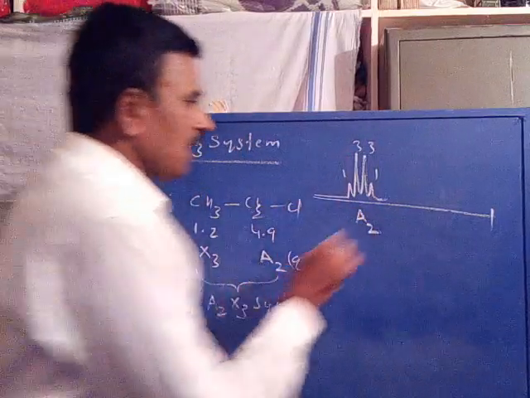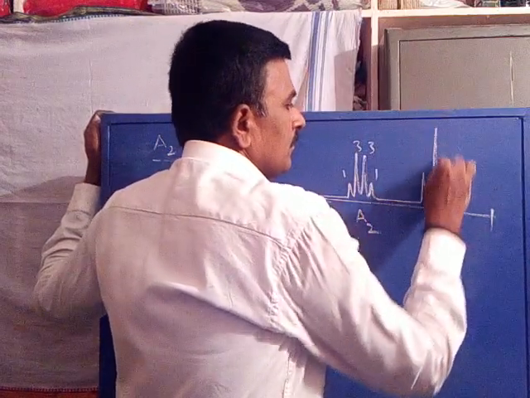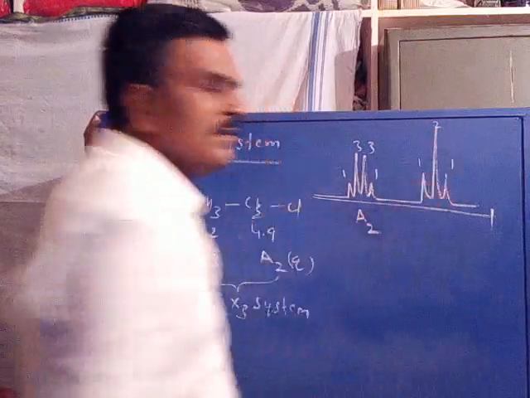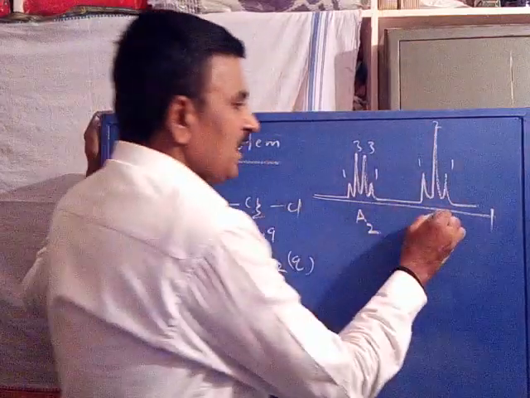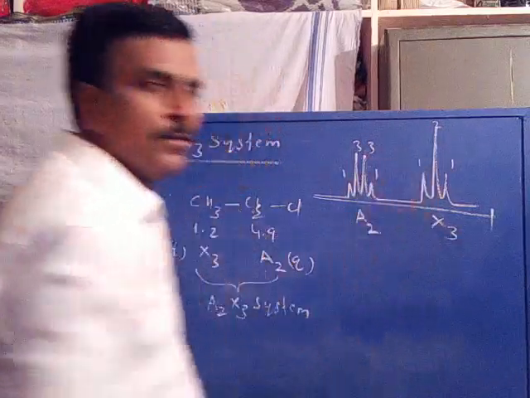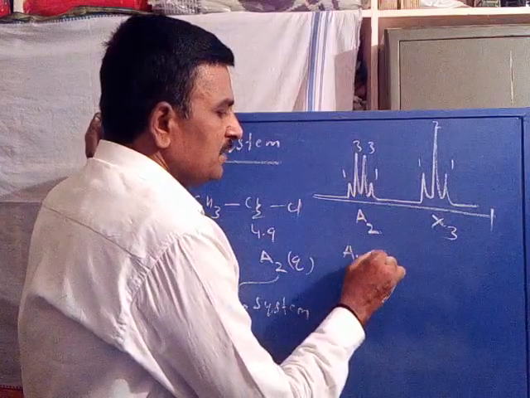Now X appears as a triplet with 1 is to 2 is to 1 intensity. This is X set of proton signal consisting of 3 hydrogens. Now this becomes A2X3 system.